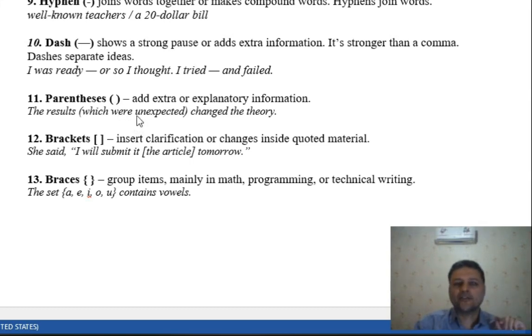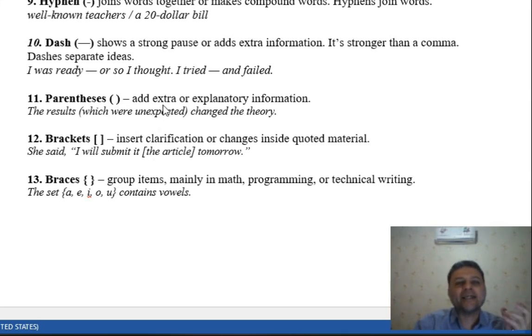Anyway, that's another story. Parentheses, normally we use them in these last three, like the 11th, 12th, and 13th items of punctuation. We use them in plural forms: parentheses, not parenthesis, or brackets, not bracket, braces, not brace, right? Why? Because we are talking about a pair, actually.